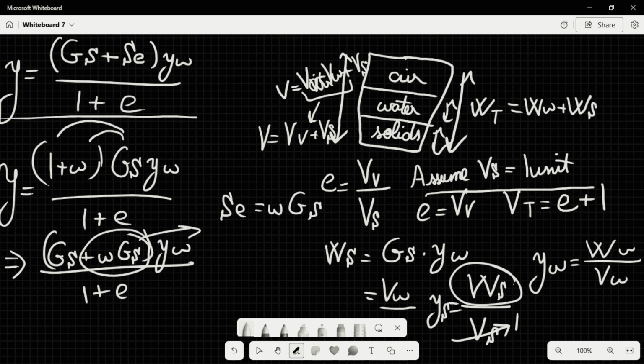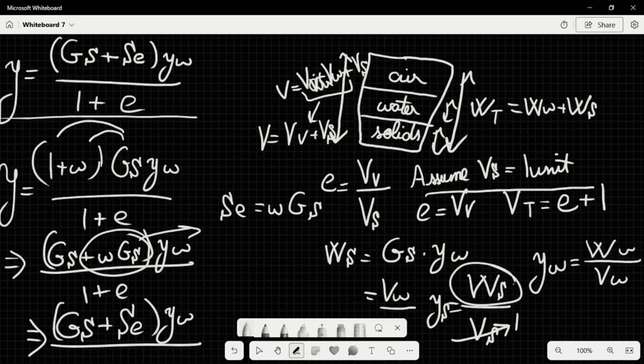So now we can go ahead and replace, obtaining the final formula and proving our goal, which was GS plus SE times the gamma of water, unit weight of water, over 1 plus void ratio. Two for two.